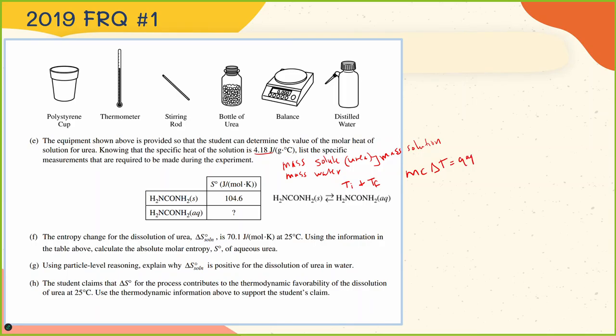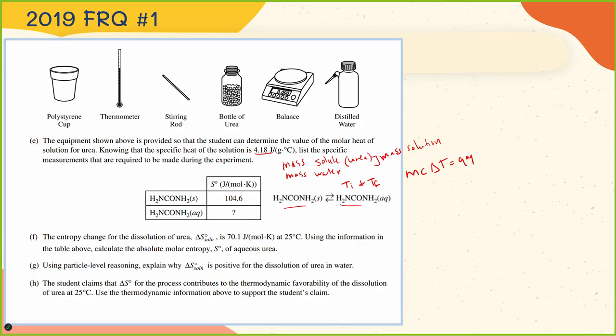All right, so showing an equilibrium between the solid and the aqueous here for the dissolution process. They gave us the entropy change for dissolution as positive, using the information to calculate the molar entropy for the aqueous.